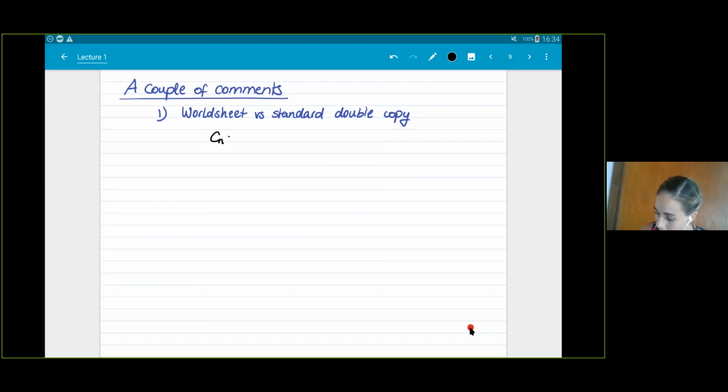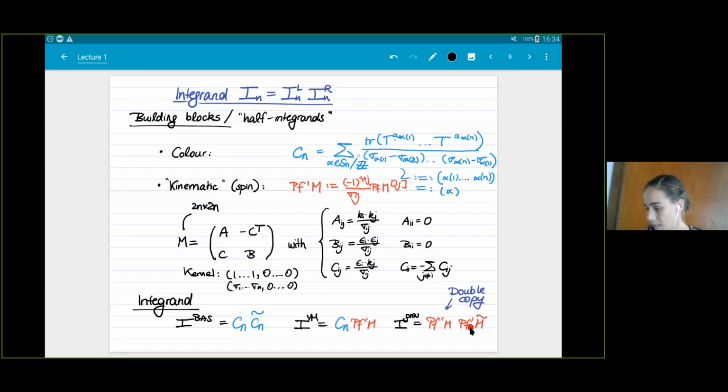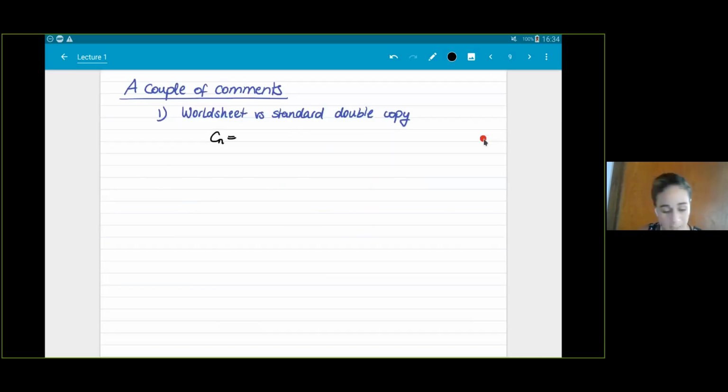Instead of the trace basis that we've been writing the color factor in, we can alternatively write the color factor, using some standard identities, as a sum over a KK basis, where by KK or half ladder basis, I really just mean this is the image that you should have in mind.